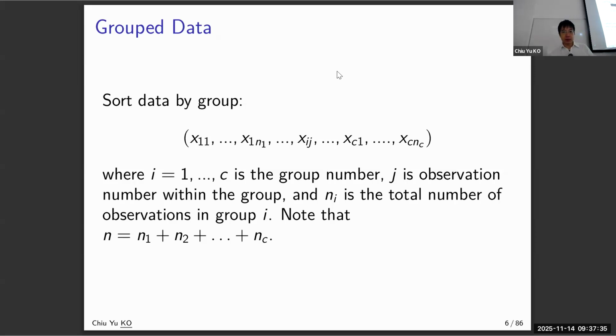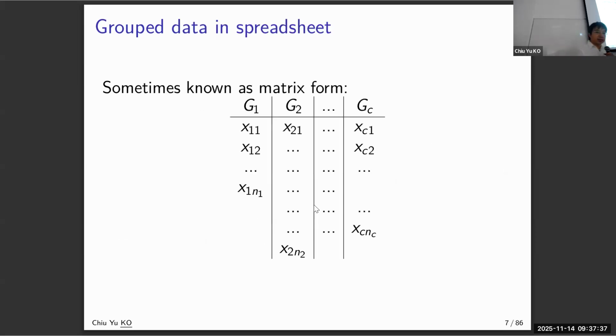Okay. So you'll be able to see this matrix form is the one we're looking at, right? Group 1 will be X11, X12, up to X1n1, right? Same for the others, and n1 need not equal n2. Okay, so that would be the ideal group data.